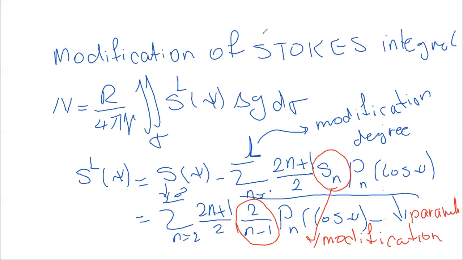2n plus 1 over 2 is related to the norm of this P_n, to any spherical function. The only difference is this S_n here. What does that mean? This means that I am changing the spectrum of the Stokes kernel.